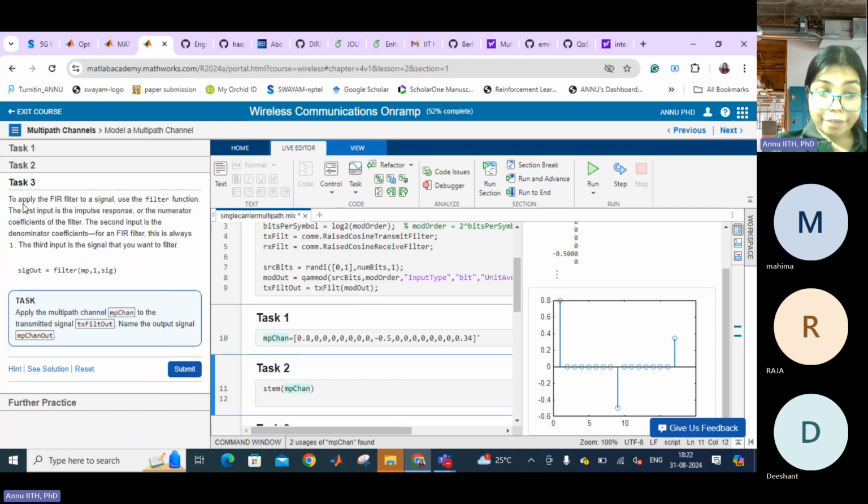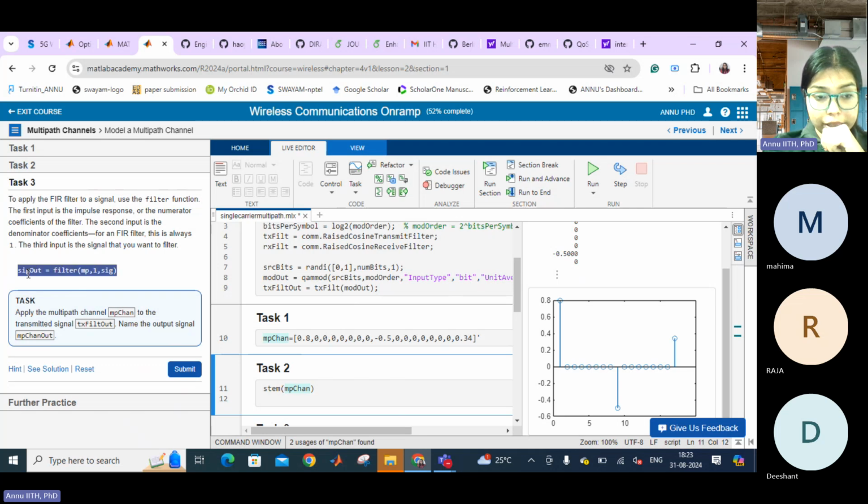Now to apply the FIR filter to a signal, you have to use the filter function. The first input is the impulse response, or the numerator coefficients of the filter. The second input is the denominator coefficients for an FIR filter. This is always one.